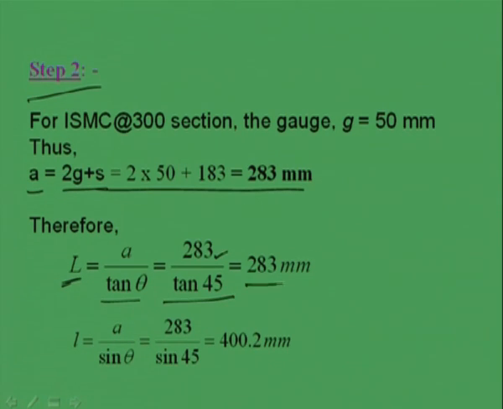So L is equal to 283 millimeter, right. Similarly the length of the lacing will be A by sin theta, that is 400.2 millimeter. So the difference from the single lacing system is only this one, other things are the same. A was 283 millimeter and L was also the same, right.